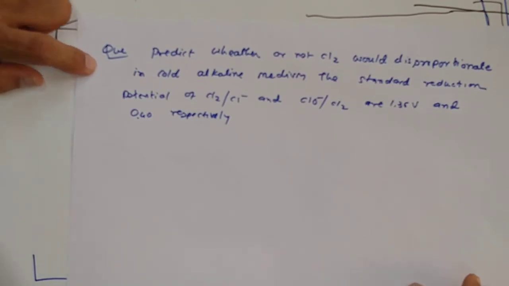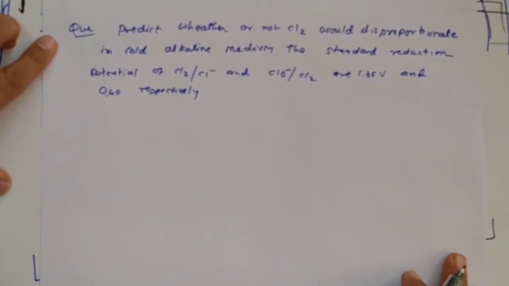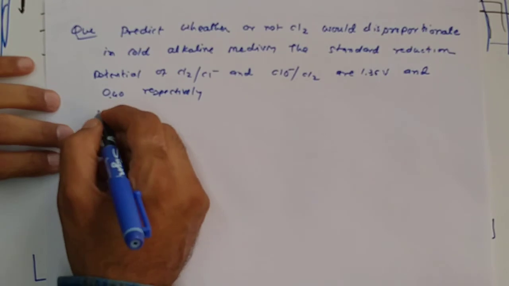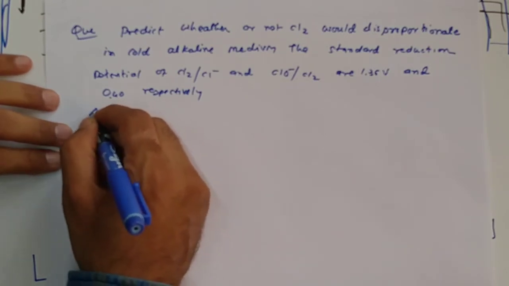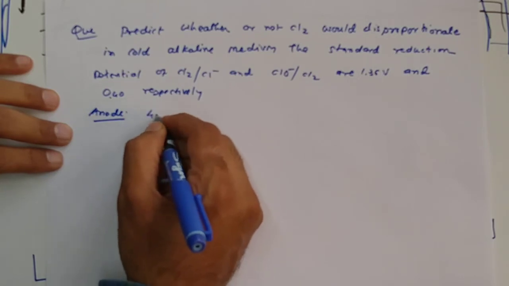Does chlorine experience disproportionation or not, we have to determine. For getting this, in alkaline medium, at the anode it experiences oxidation.